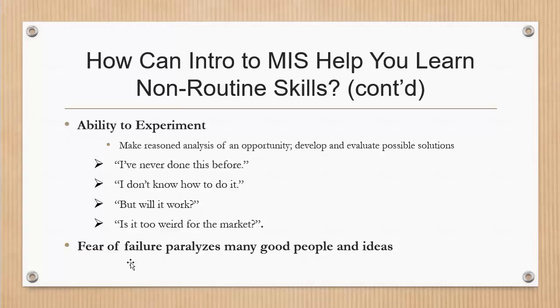And so those people, while they may be good, they're probably not going to move up in an organization. So you want to be able to have some confidence in yourself so that you can do some experimentation and try and get things to be better, or to save costs, or to increase profits.